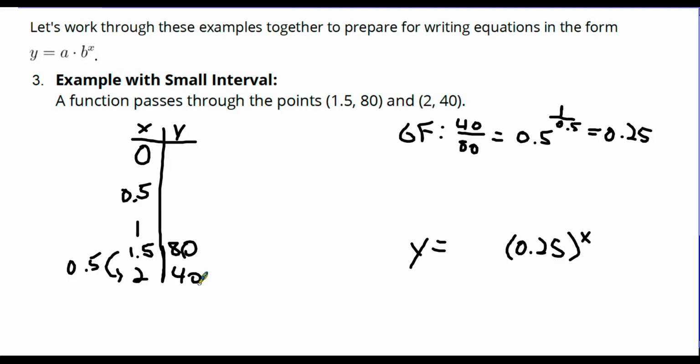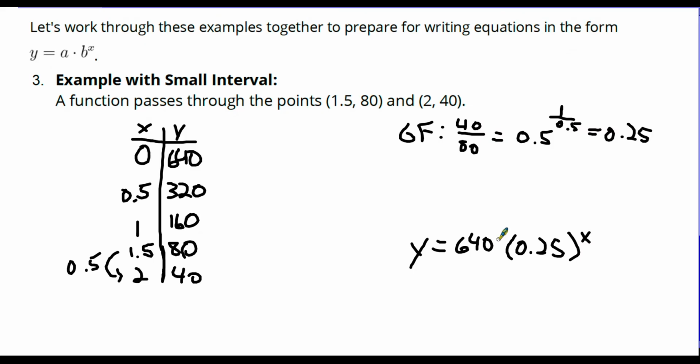I can see that every half I'm multiplying by 1/2, so to go backwards, I would just multiply by 2. That means for an x-coordinate of 1, I would be at 160. Then I multiply by 2, so at an x-coordinate of 0.5, I would be at 320. And then finally, at an x-coordinate of 0, I would be at 640.